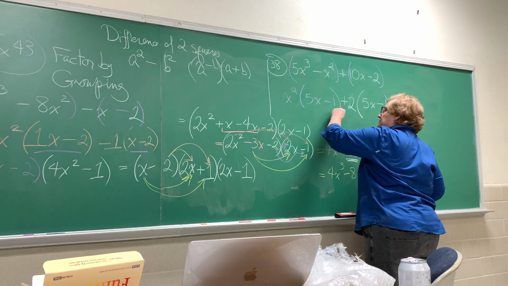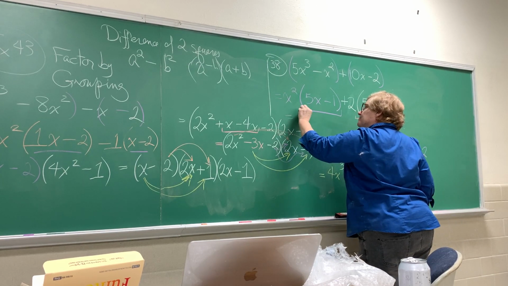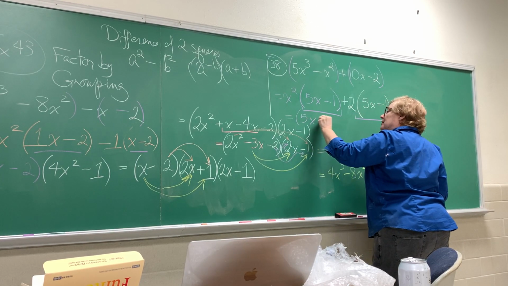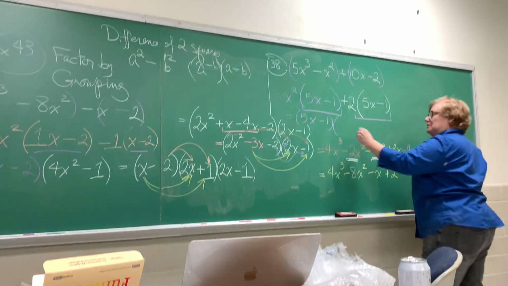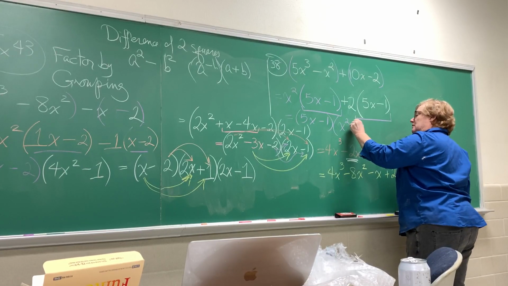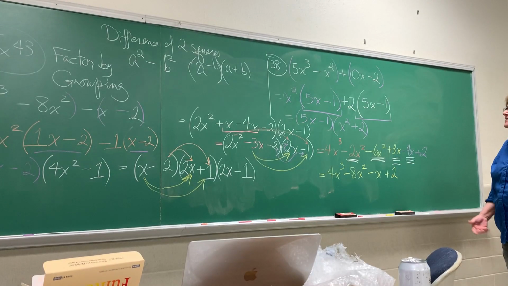Good. We've got matching. So we've got, bring out that common term. What's left? X squared plus 2. Excellent. Let's multiply that one out also.